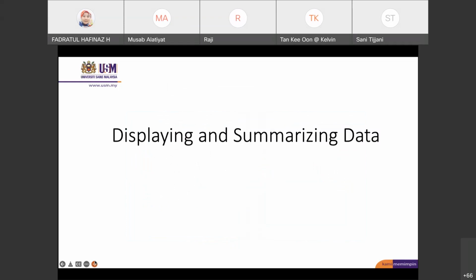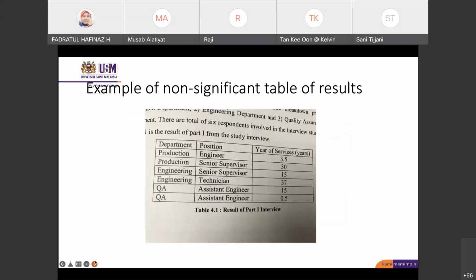Okay, the third subtopic for today is how you are going to display and summarize your data. I'm going to show you some examples of a non-significant table of results. This is very important for you as a researcher.